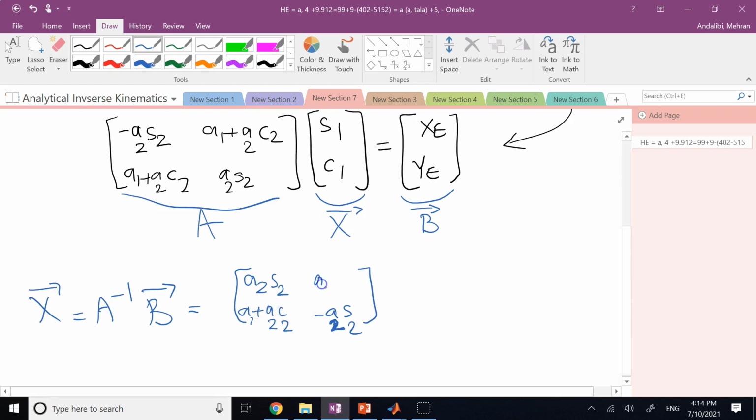Divided by, of course, the determinant, which is the product of the diagonals minus the product of the anti-diagonals.